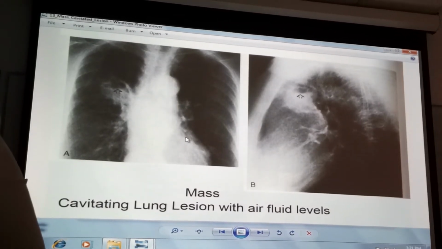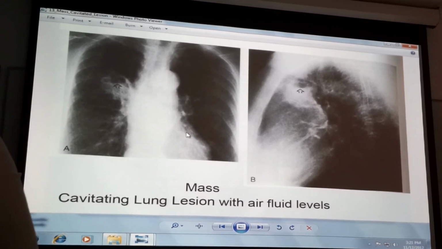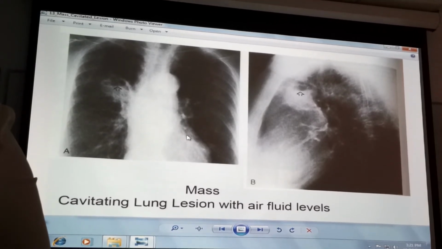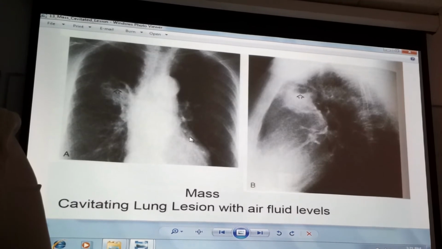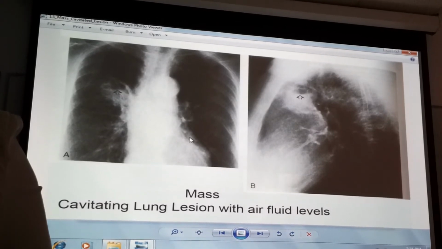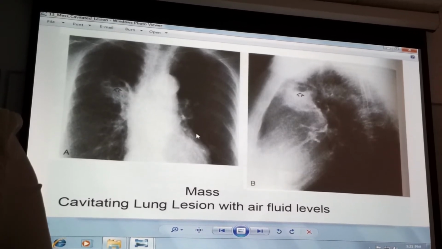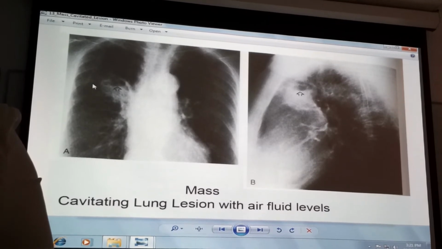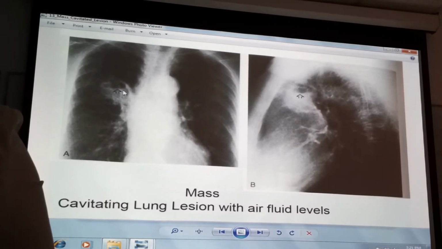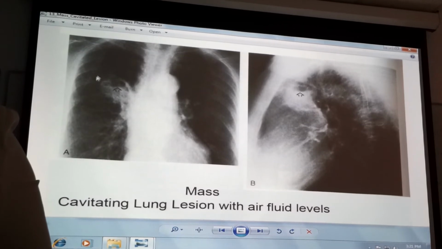One of the 6 different things that alter a normal chest X-ray is masses, besides atelectasis, airway disease, emphysema, and interstitial disease. This is a mass here with an air fluid level. This is a double thing going on here.